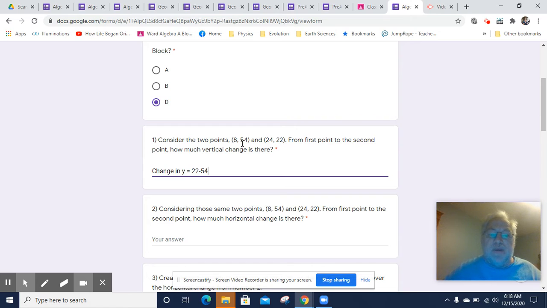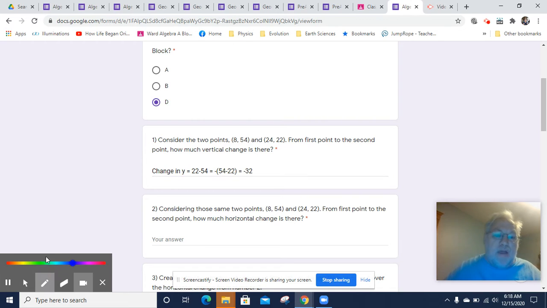What is the difference between 54 and 22 in the 22 direction? That's negative. To make it simpler, 54 minus 22 is 32, so the answer is negative 32. We have a negative vertical change of 32.